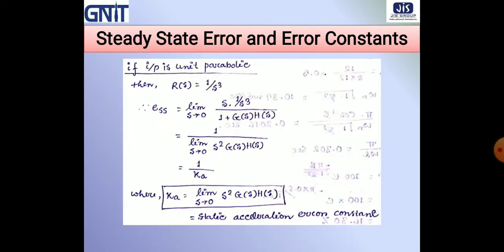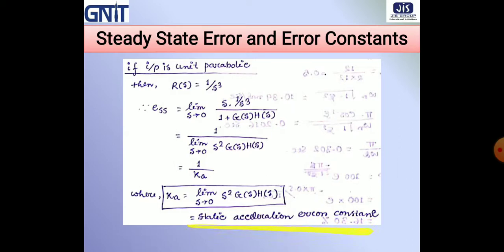And if the input is unit parabolic, then R(s) will be 1 by s cube, and the value of ESS, that is the steady state error, will be 1 by limit s tends to 0 of s square G(s)H(s), and it is termed as 1 by Ka. So Ka will be limit s tends to 0 of s square G(s)H(s).